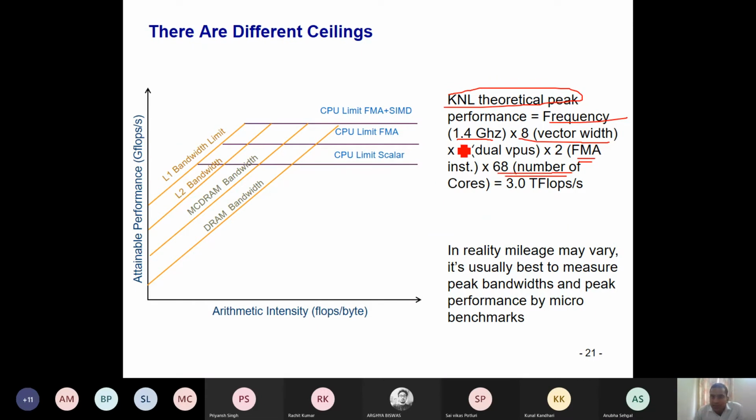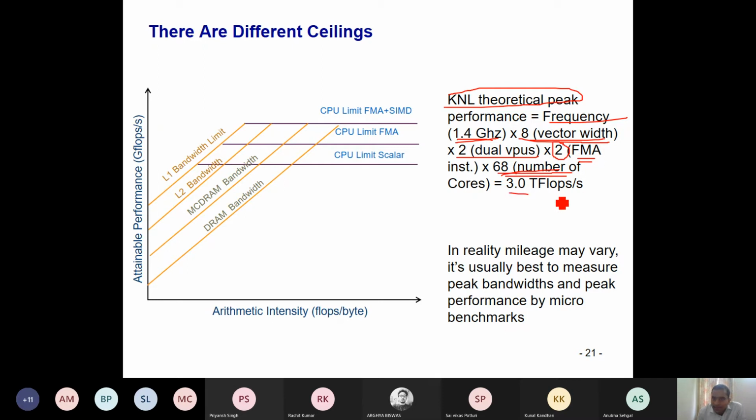It has a frequency of 1.4 gigahertz, a vector width of 8, and 68 cores. Each core has two VPUs, and each VPU can perform one FMA instruction in each cycle. One FMA means fused multiply add, and FMA is counted as two operations, multiply and add. That's why this number 2 came.